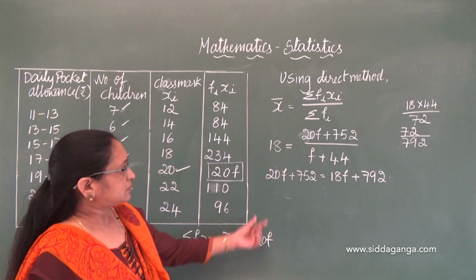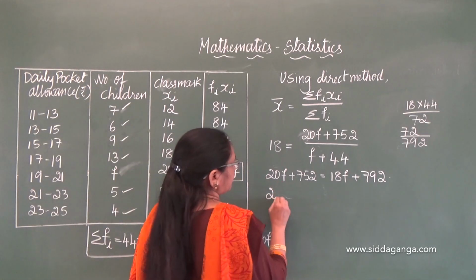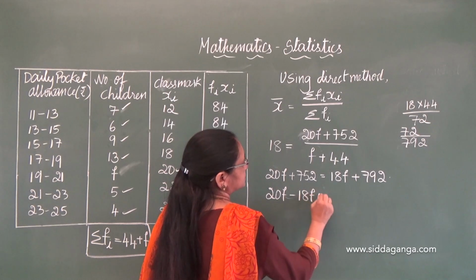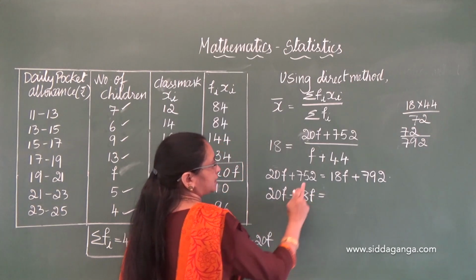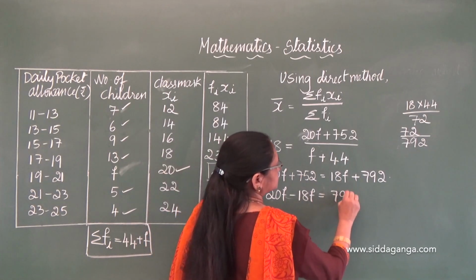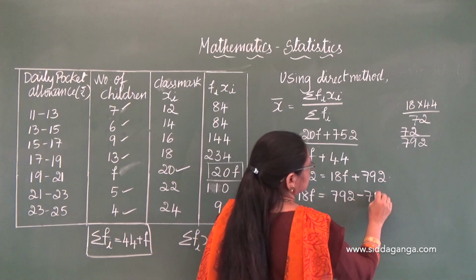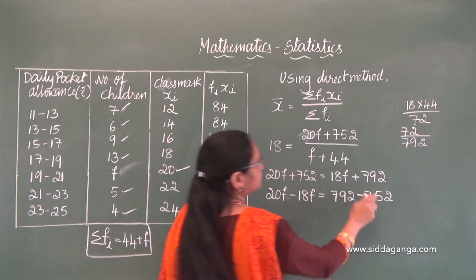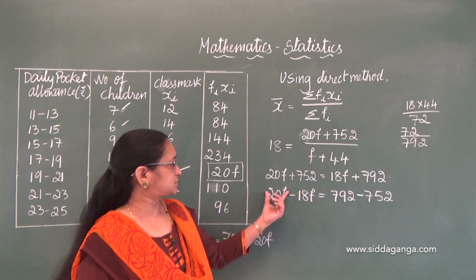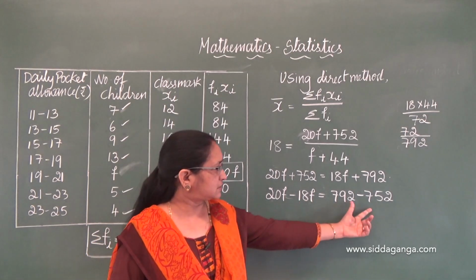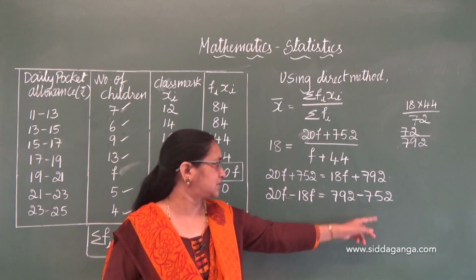Okay. Now, 20F is here, so I will bring the F term this side. And this 792 is here, so I am going to transpose this to the other side. This will become minus. I hope you understood. The variables together in one side and the two constants on the other side.